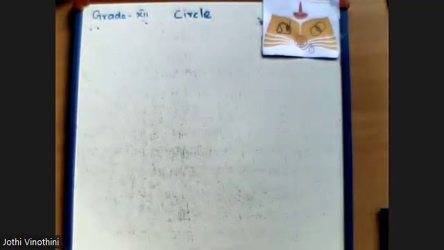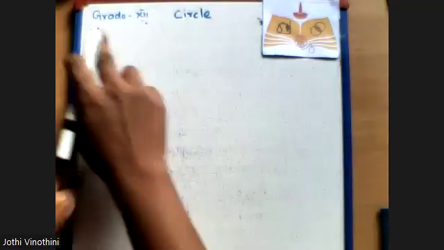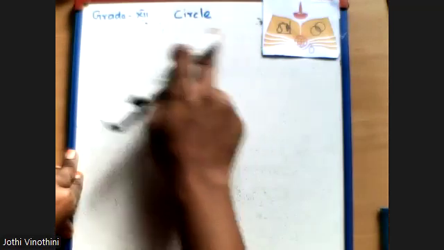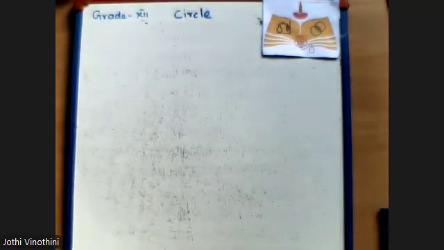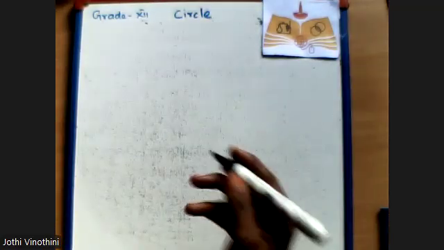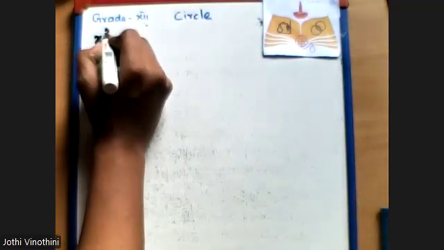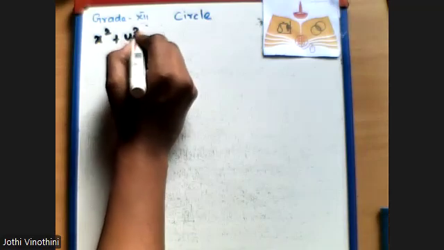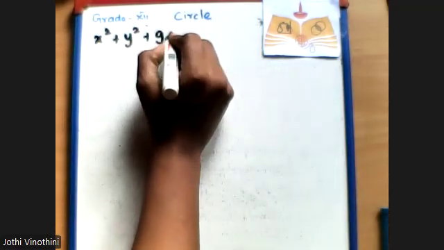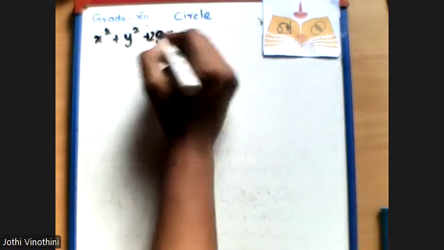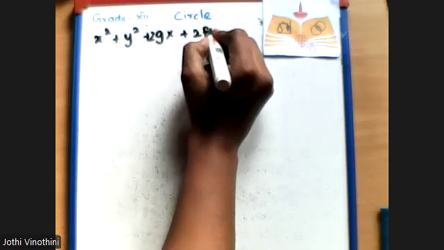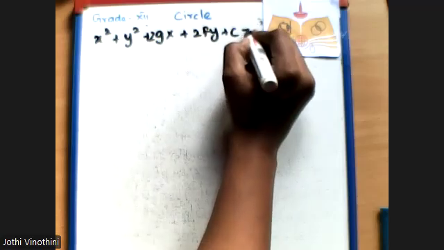Okay. For our verification, the board is too small, so I will write the important equations here. We already have equation number 1: x squared plus y squared plus 2gx plus 2fy plus c equals 0.